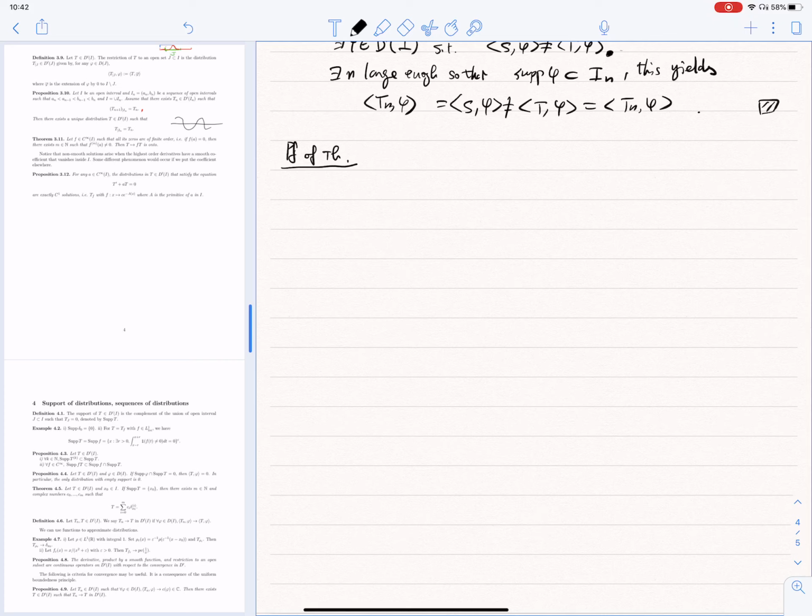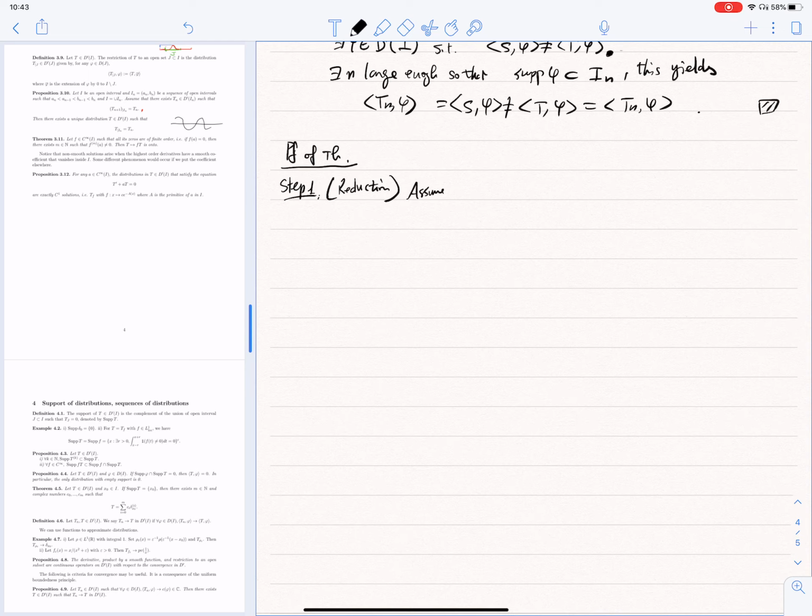So we are going to split the proof into several steps. The first step, let's call it the reduction step. So imagine that we can't find a sequence. Let's assume, right?